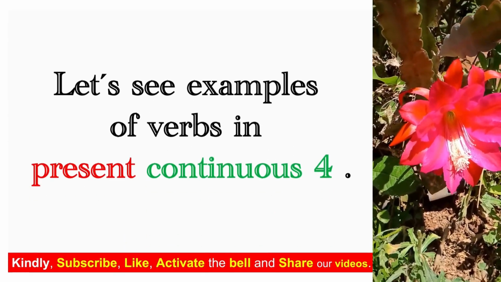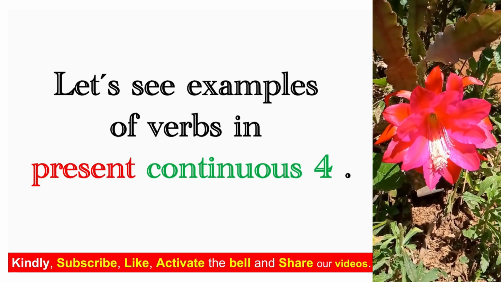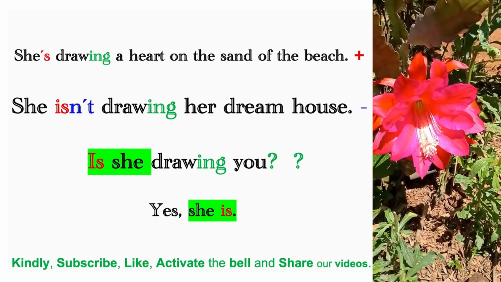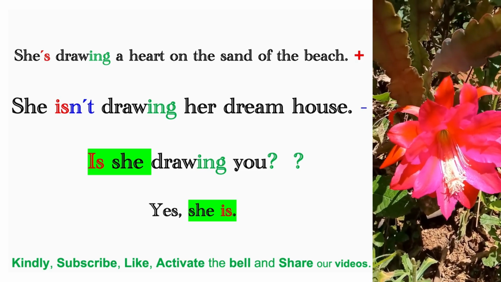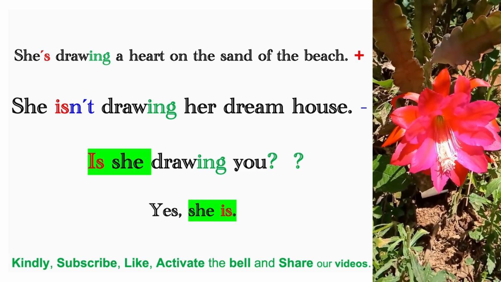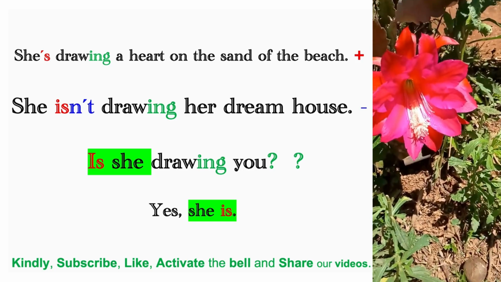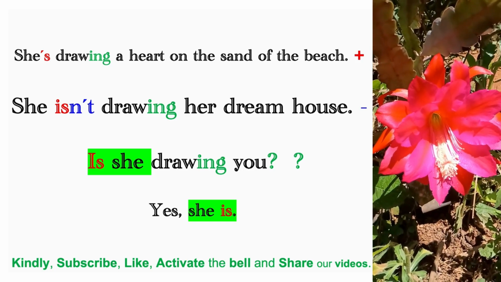Let's see some examples of verbs in present continuous part 4. The first example, she's drawing a heart on the sand of the beach. We sometimes, when we go to the beach, try to draw a heart.